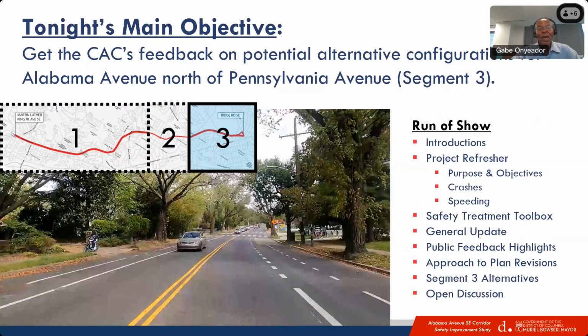We'll be discussing different treatment options with you, and we would like your feedback to help inform what happens to the rest of the corridor. This is about a 4.3-mile corridor. The feedback we get tonight on segment 3, north of Pennsylvania Avenue, will help us decide what you would like to see in the rest of the corridor. Next slide, please.